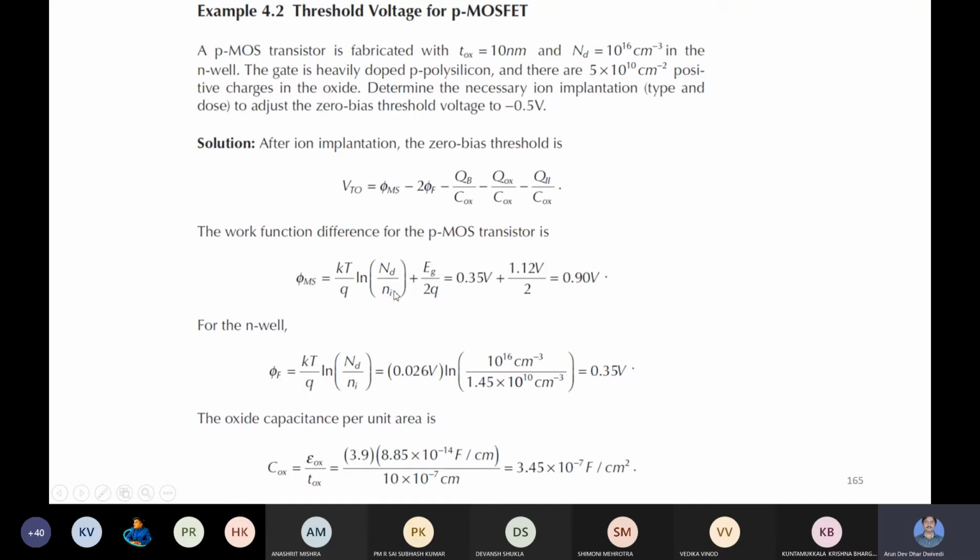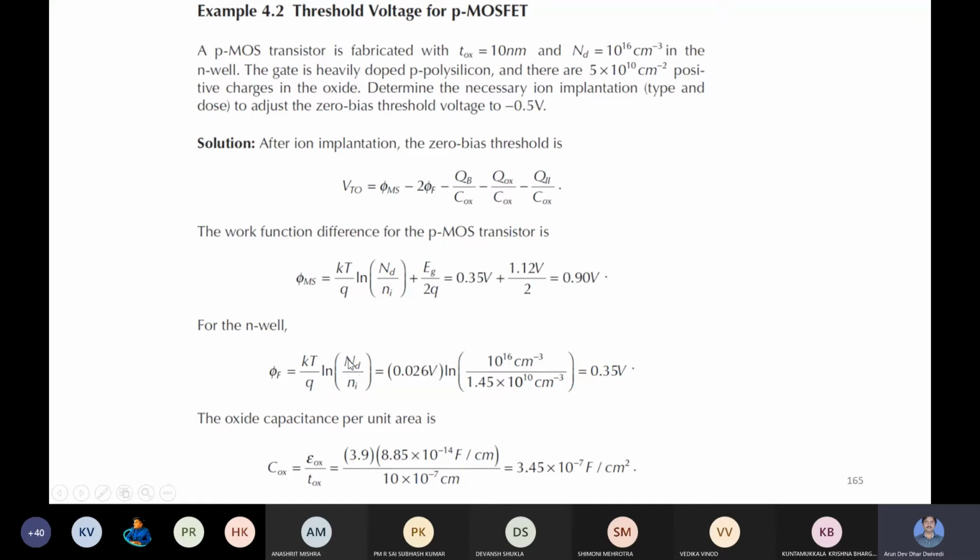So kT by q ln Nd by ni, and then Eg by 2q. That one is coming 0.35, and Eg by q is 1.12, so by dividing by 2 you can calculate. So it is coming 0.9, and also phi f is required.